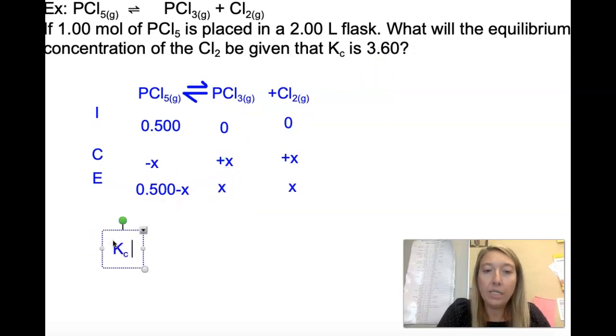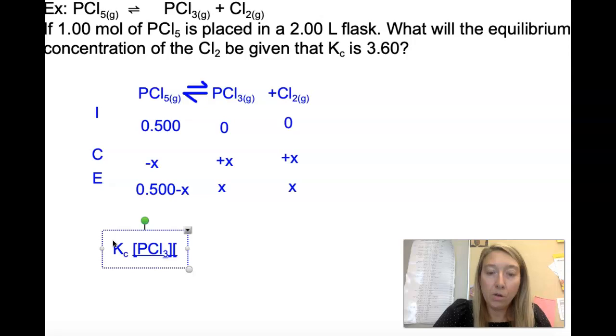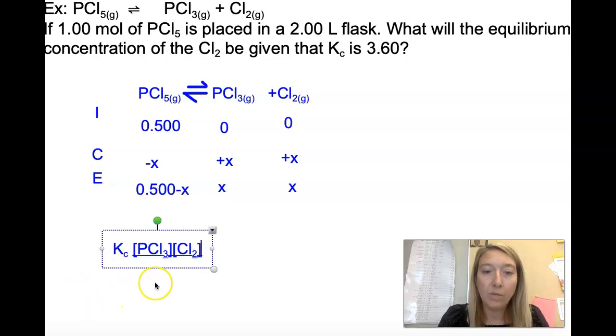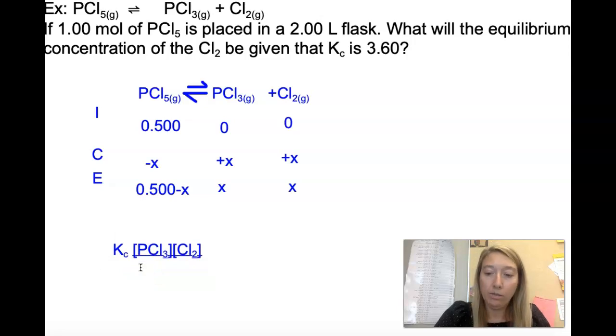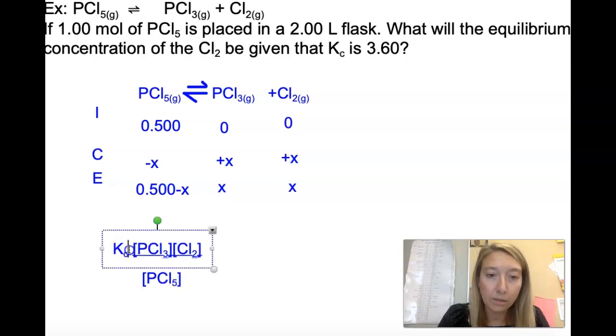So we have that Kc equals the concentration of PCl3 times the concentration of Cl2, all divided by the concentration of PCl5. Apparently I missed my equal sign in here. There we go.